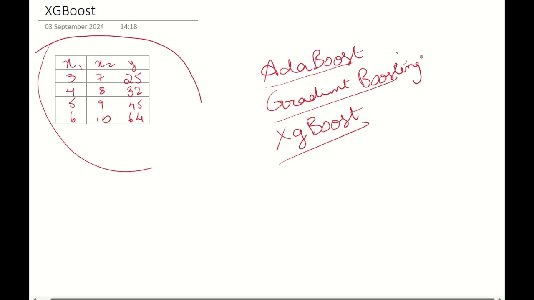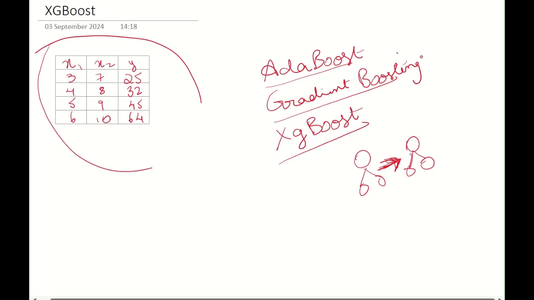Now, all of these follow the same ideology that we just discussed, having learnings passed over to different models, but they have their own unique characteristics in which this communication happens between the models.